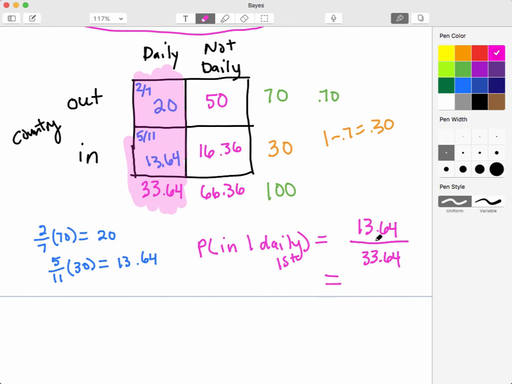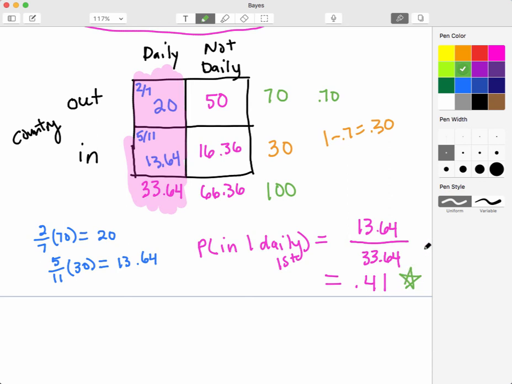So I have the part out of the whole, the people who met the condition, out of our total here. So now I'll divide 13.64 divided by 33.64, and I get 0.41 when I round. So this is our answer right here, 0.41. So the probability that someone's in the country, given that they log on daily, is 41%.